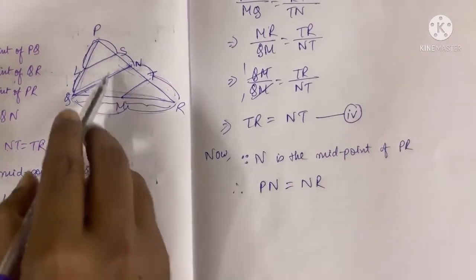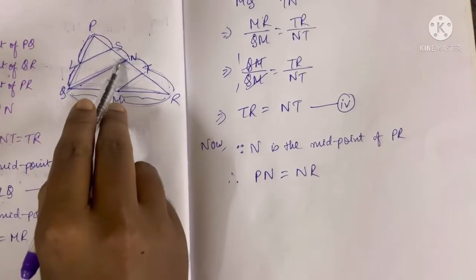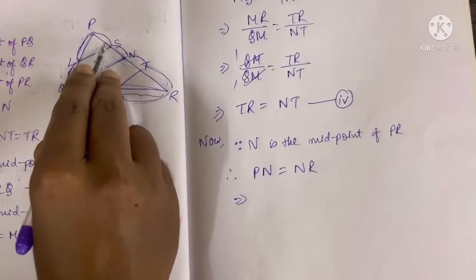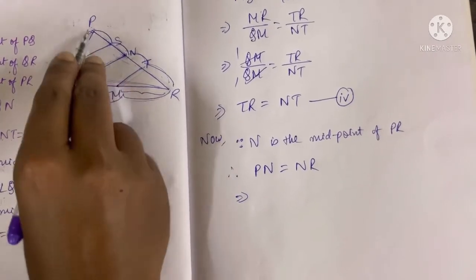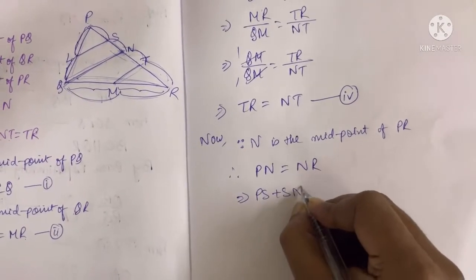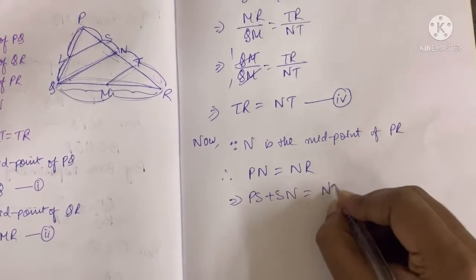Of course, this part PN will be equal to the part NR, since N is the midpoint. Now PN will be equal to PS plus SN. If you add PS and SN, you will get PN. So PS plus SN. In NR also we can write NT plus TR in the same way.